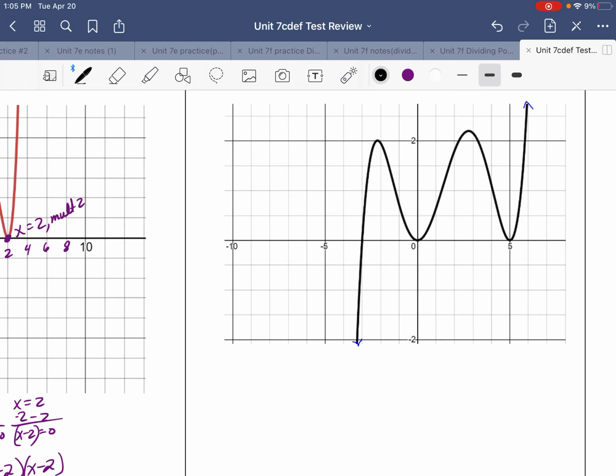Number 14. So this is negative 5, so that's negative 1, negative 2, negative 3, negative 4. Okay, so that's at x equals negative 3. This is x equals 0, but that's a multiple of 2. That's a double, forms that quadratic, the minimum point. Anytime there's a local minimum or max hitting the x-axis, that would be called multiple of 2.